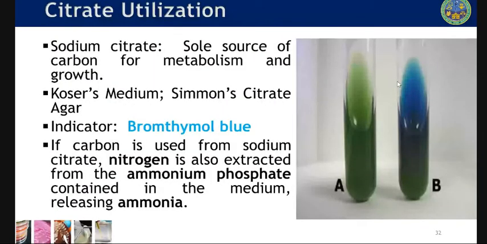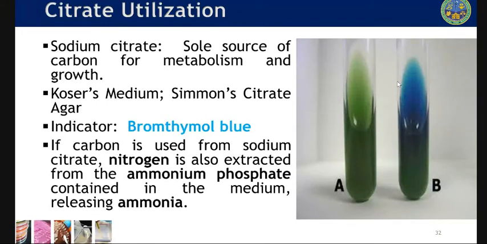All right, other than that, to complete your IMViC reactions, you have indole, methyl red, Voges-Proskauer, and citrate utilization. For citrate, sodium citrate is the substrate, being the sole source of carbon, and you make use of Koser's medium. This is the earlier preparation of the medium for citrate utilization, but what's common right now is Simmons citrate agar.